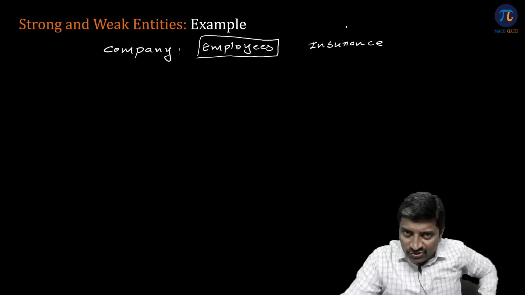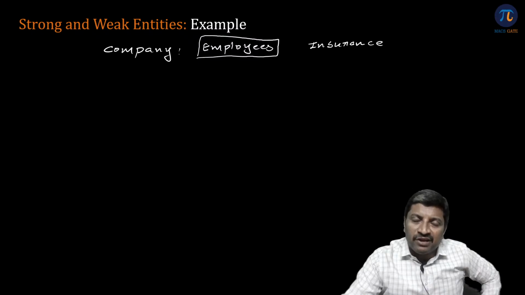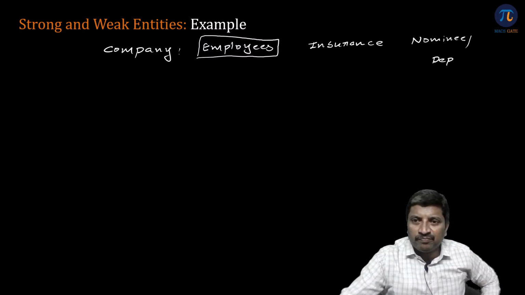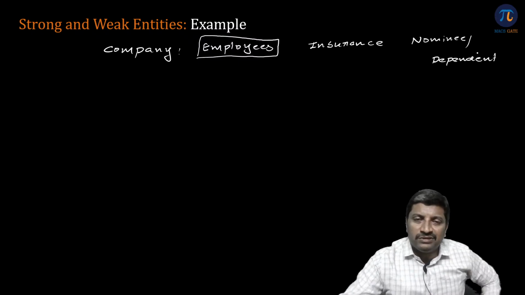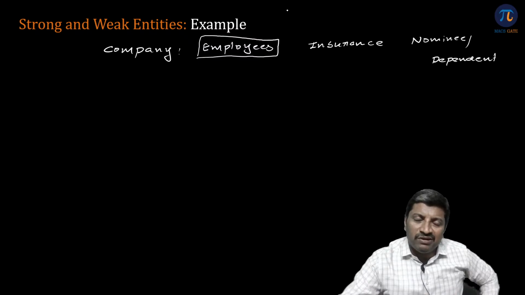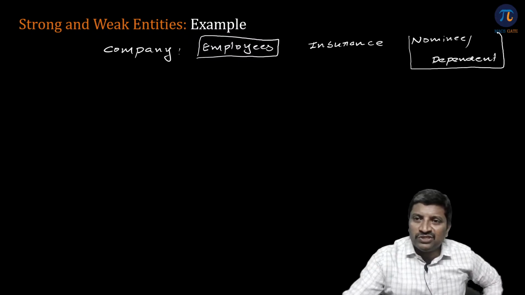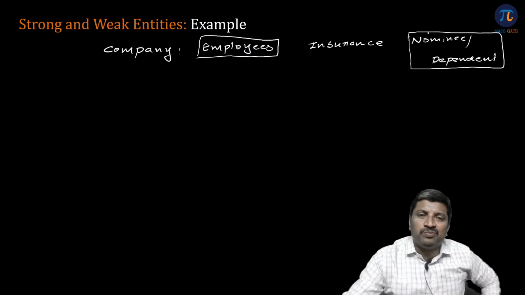Whenever you provide insurance, generally people will nominate one of their relatives as a nominee or dependent. So every employee will give a nominee, or simply you can say dependent. That means in case of death of the employee or some unfortunate event, the money will go to this particular nominee or dependent. This is the example we are considering.